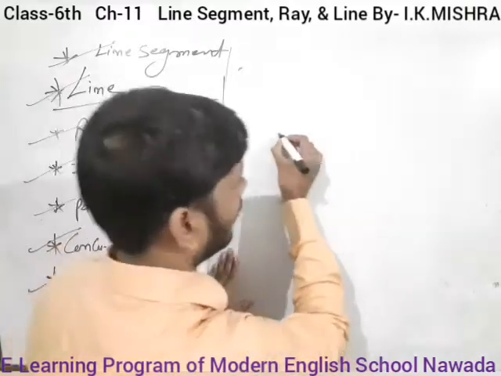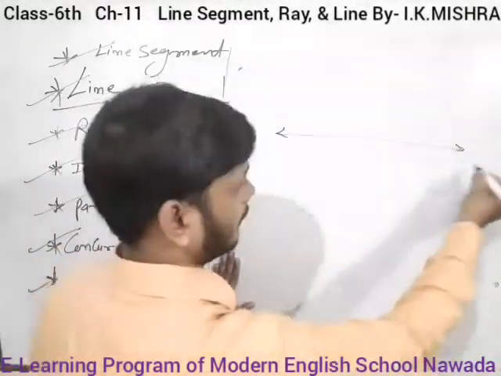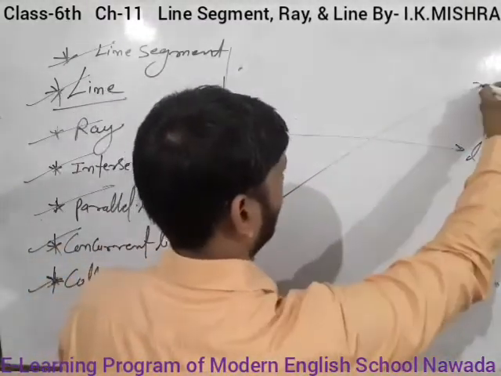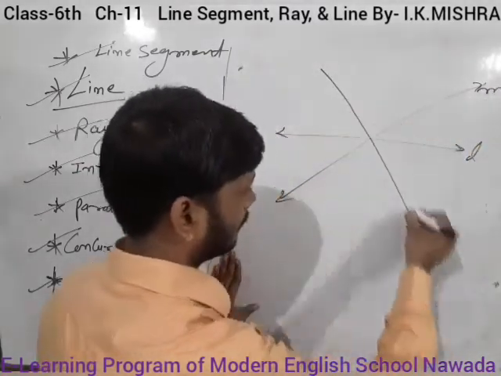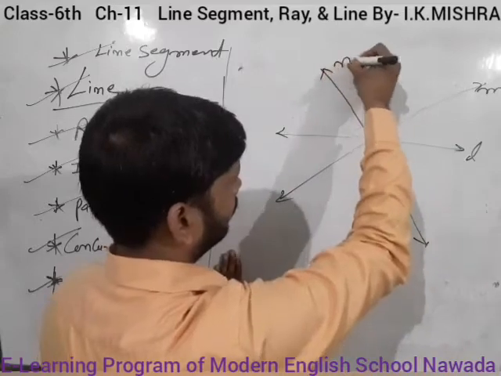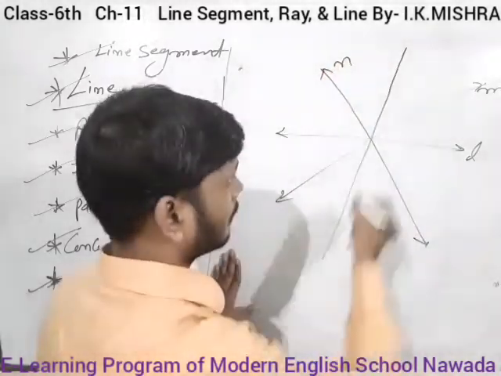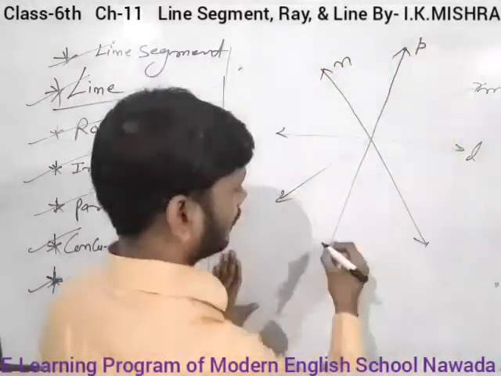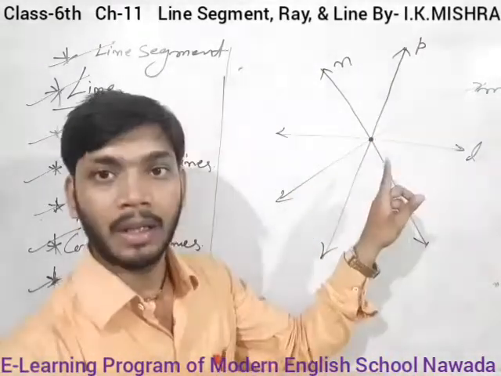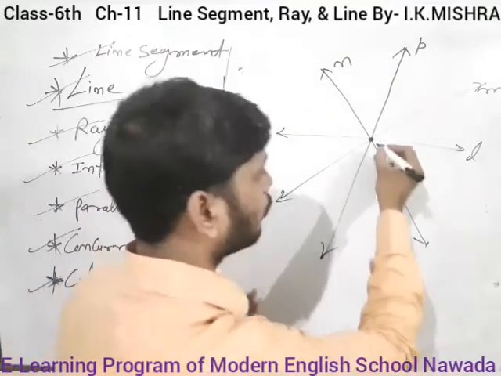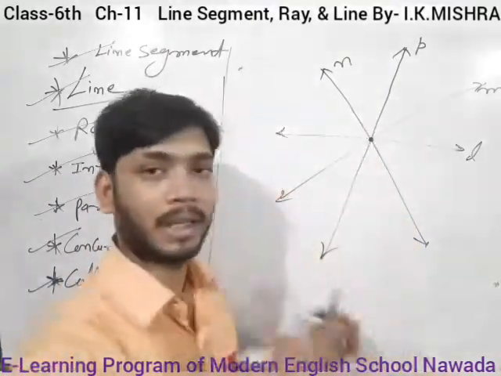Here I draw a line L, another line M, another line N, and another line P. All of these lines pass through a single point.